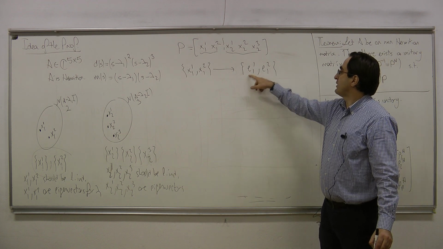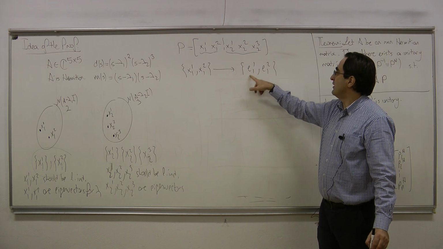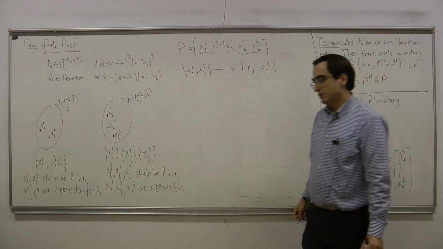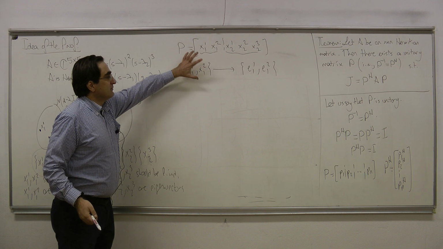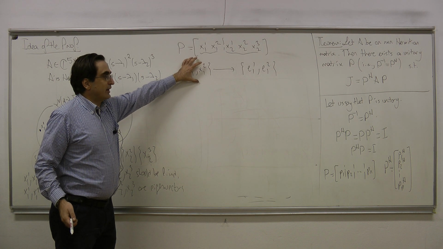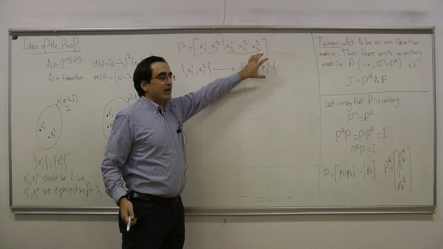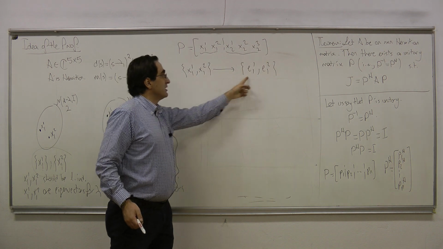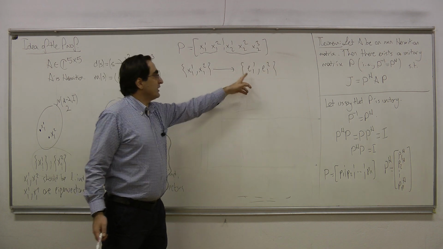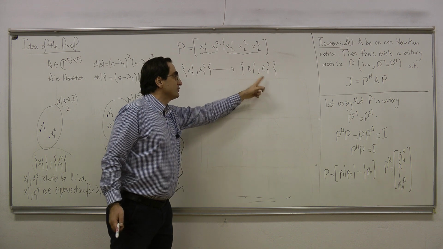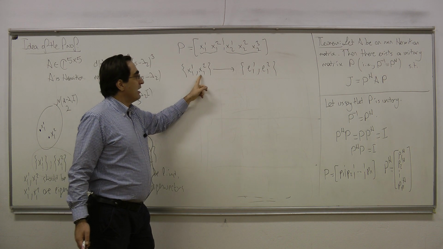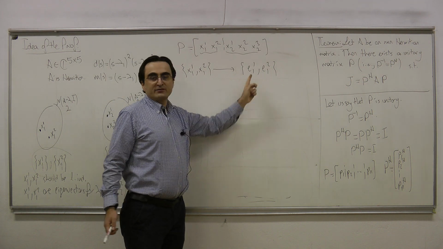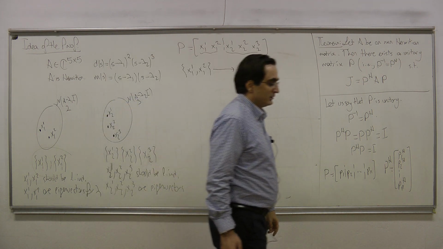I want these two vectors to be orthogonal to each other, and I want them to have unity norm. Okay? Starting with a linearly independent set of vectors, can I find a new set of vectors with the same number of vectors, such that the span of the new set is equal to the span of the original set, and the new vectors that I obtain are orthonormal?